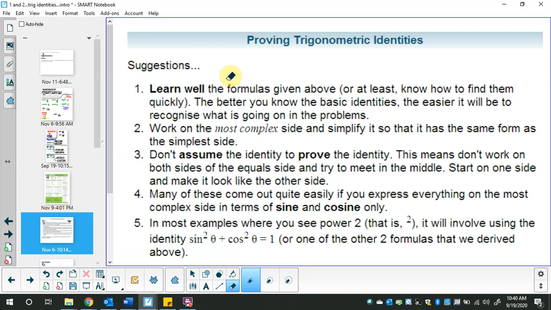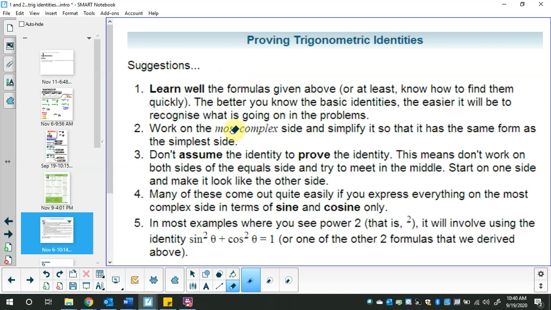So learning them well is actually a really good suggestion. I'm not saying you have to memorize them. Someday you might, but knowing that this kind of looks like something that reminds me of what's on my page might be a direction that you go in. So it says the better you know the basic identities, the easier it will be to recognize what's going on in the problems. And that is absolutely true.